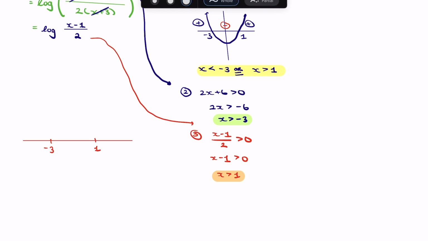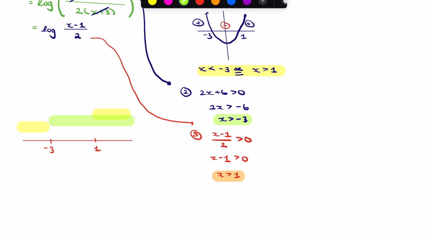So we look at the restrictions. Our first restriction, x has to be less than -3 or greater than 1. In our second restriction, x has to be greater than -3.